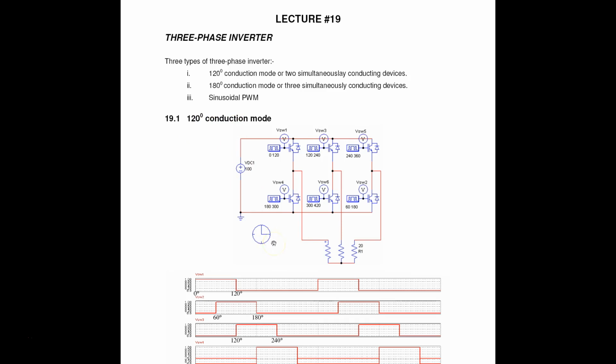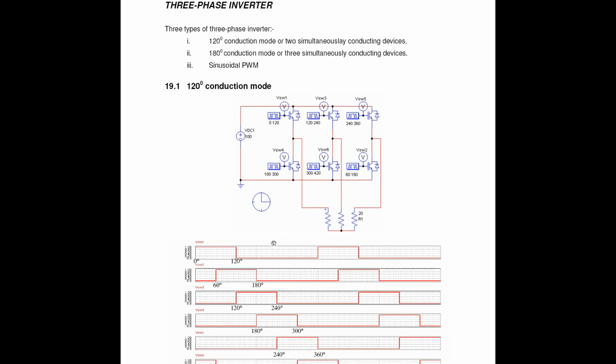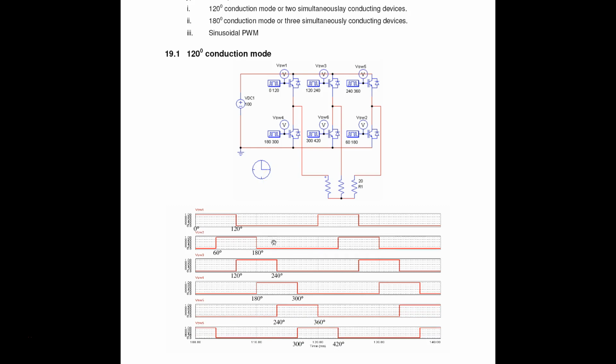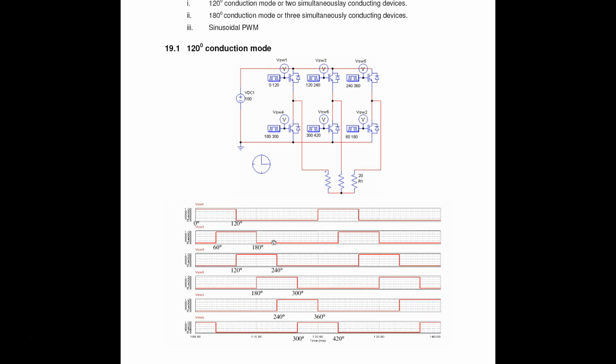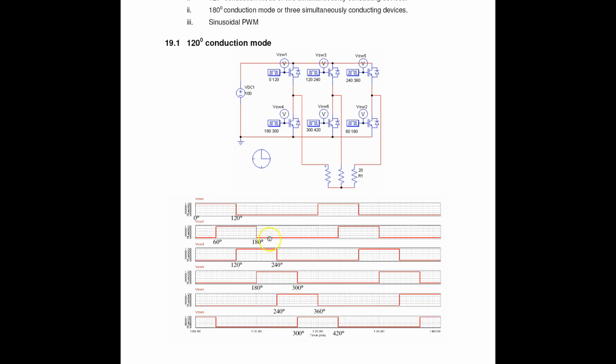Okay, so in this example, we use IGBT, the MOSFET there, right? So this is the signals to all the switches from switches 1, 2, 3, 4, 5, and 6.